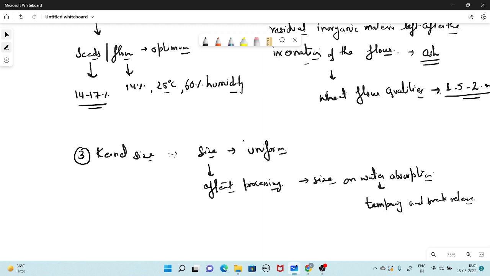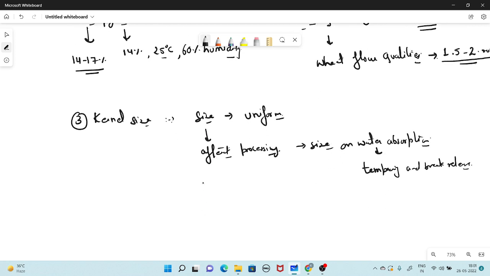Next parameter is the kernel shape. This was the size, and next comes the kernel shape. This one is used in the classification of hard or soft wheat. It is also very important because it can affect the grinding processing during milling, right?